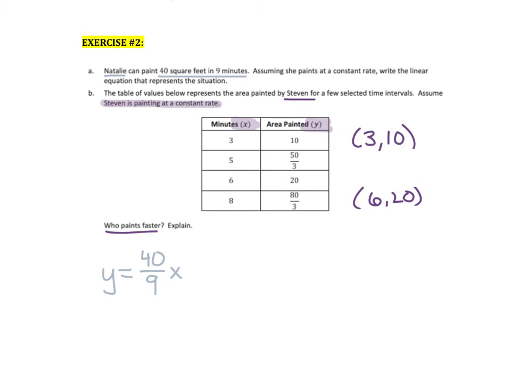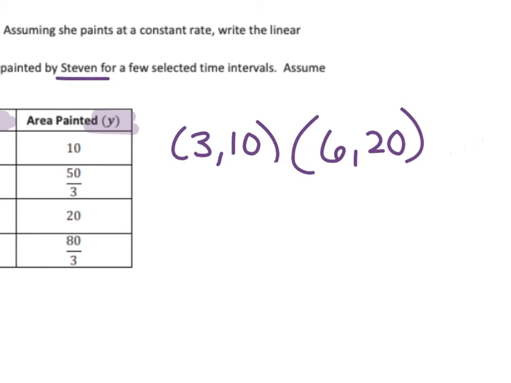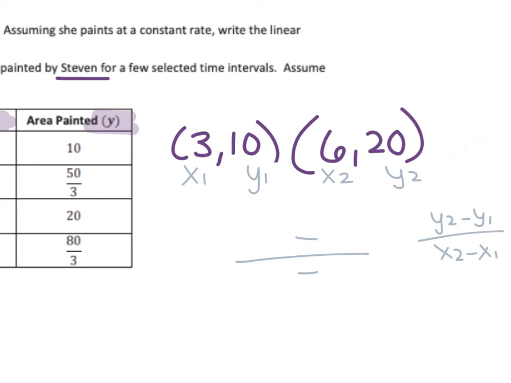So let me pull up this information, and we're going to find the slope. To find slope, we need to label, draw the model. Now the slope formula is y2 minus y1 over x2 minus x1.